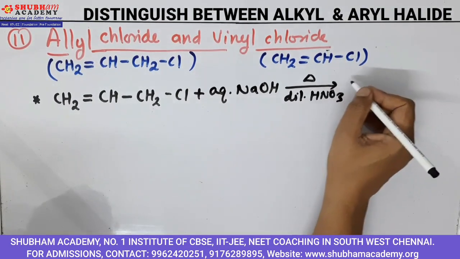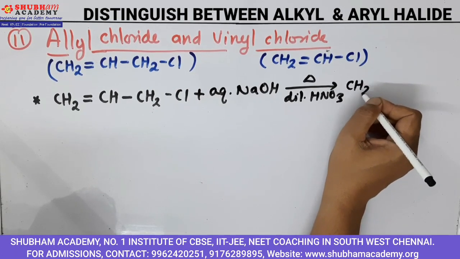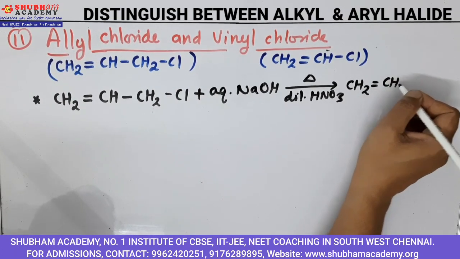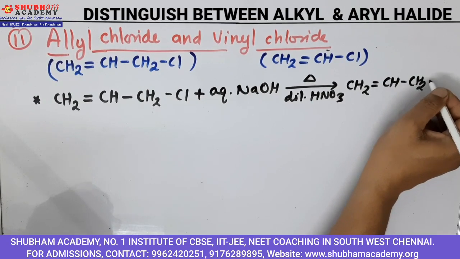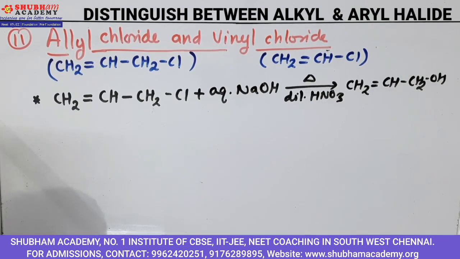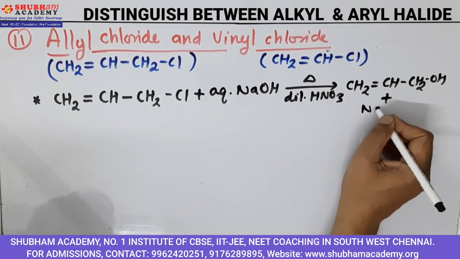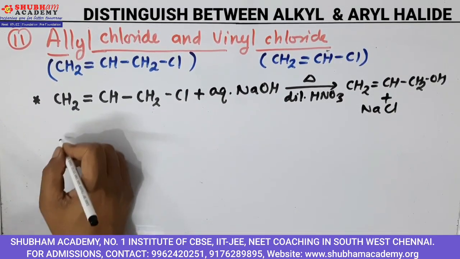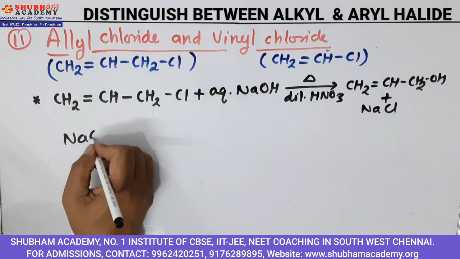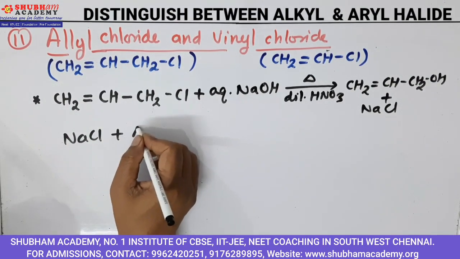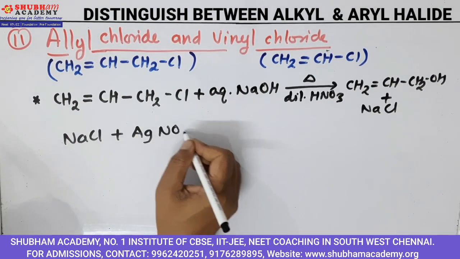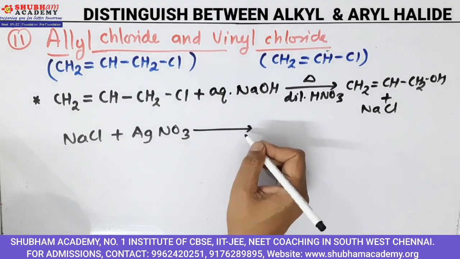So what will you get? CH2=CH-CH2OH, okay, plus NaCl, right. Now this NaCl plus AgNO3, okay.